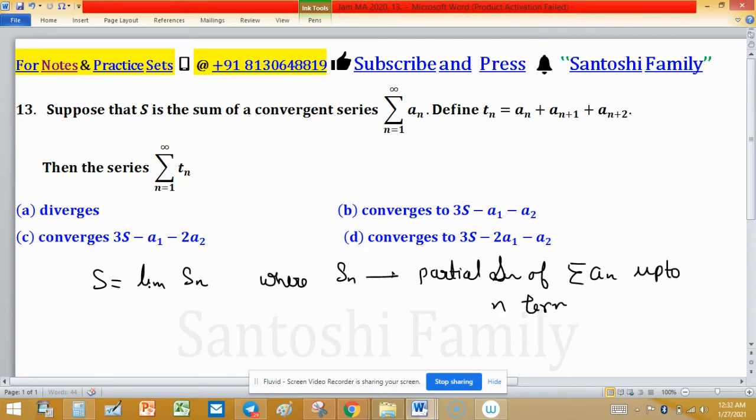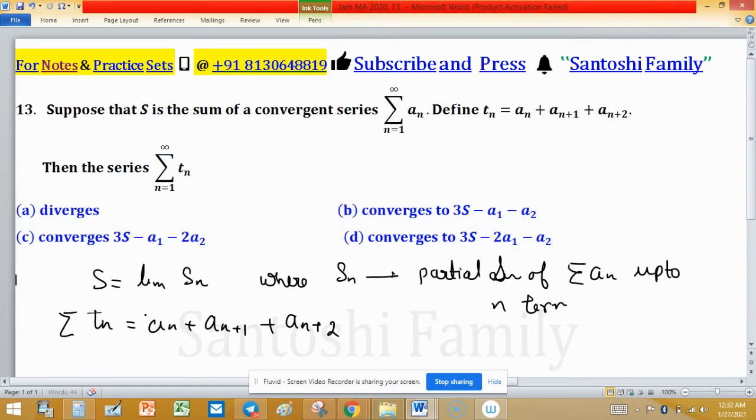This is S equal to the limit of this partial sum Sn. Now Tn is defined by an plus 1 plus an plus 2. Then we have to test its convergence.